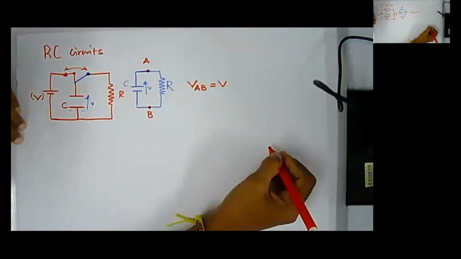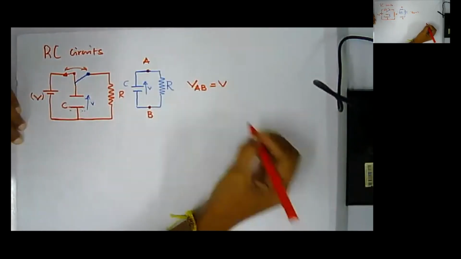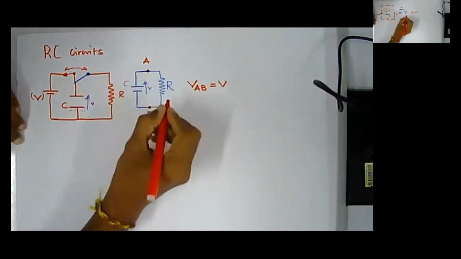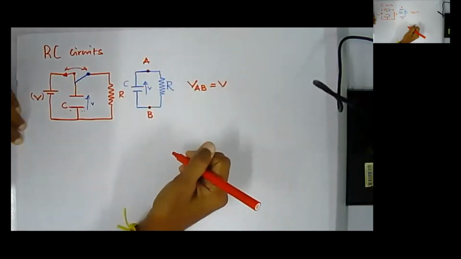The voltage across points A and B is V immediately after removing the battery.